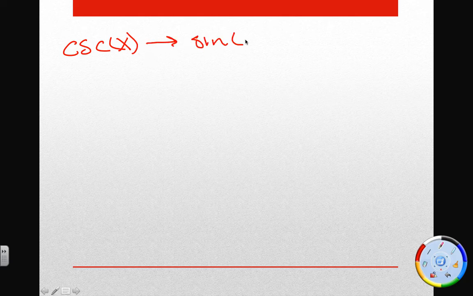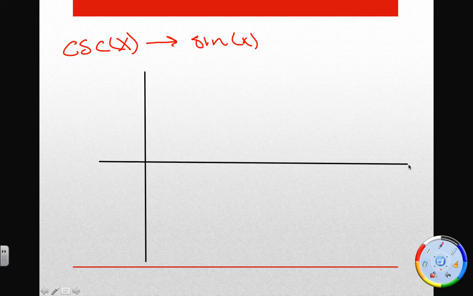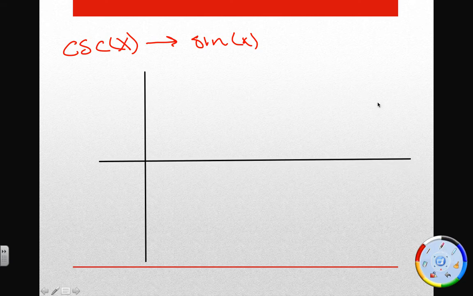All right, so that's secant. Cosecant works exactly the same. So if I was to say, hey, let's graph the cosecant of x, let's just look first at the parent function. I would think sine of x looks like this.